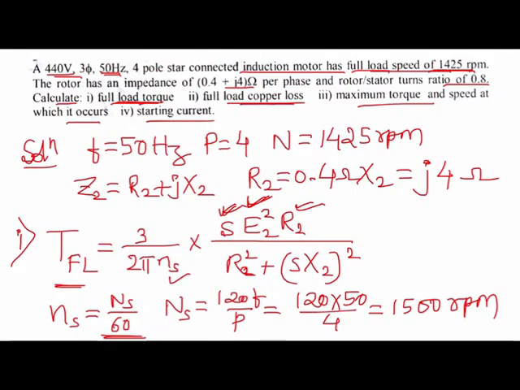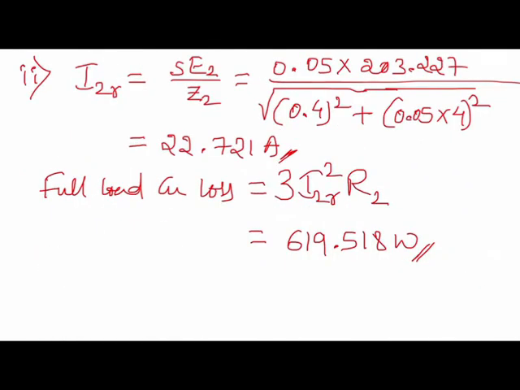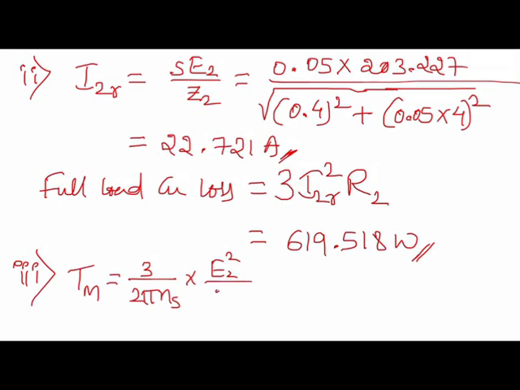The third question asks us to find the maximum torque and the speed at which it occurs. The maximum torque equation again has the constant K, where K is 3 divided by 2 pi ns, times E2 squared divided by 2 X2.